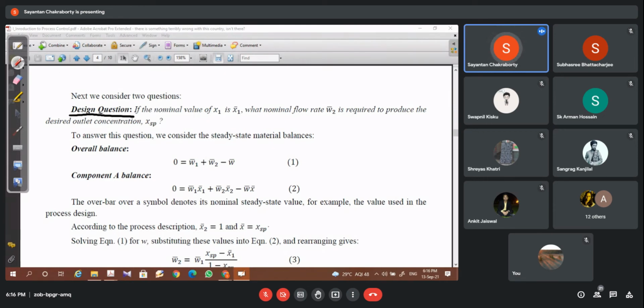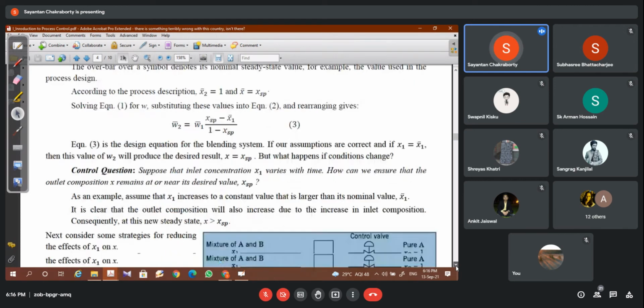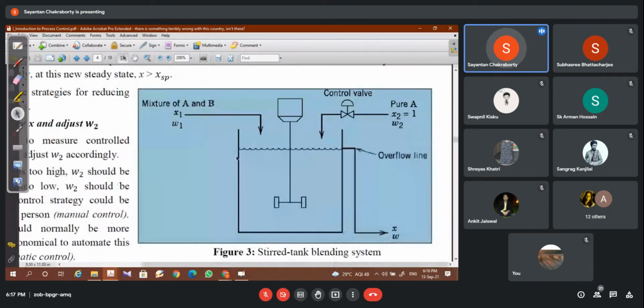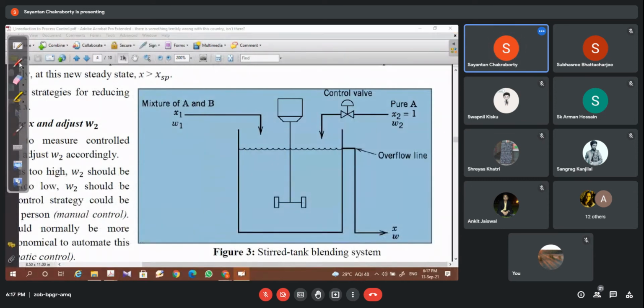Okay, so if we see the scenario, sorry, I think I should first describe the plant we are dealing with. So this is a blending system where stream one, sorry, this color is not visible, stream one is a mixture of, say, two components A and B. It has a flow rate W1.